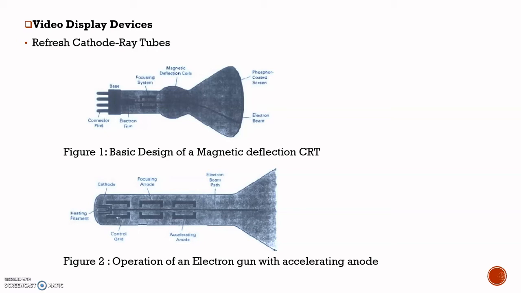So what we see on the screen is the combined effect of all the electron light emissions: a glowing spot that quickly fades after all the excited phosphor electrons have returned to their ground energy level.